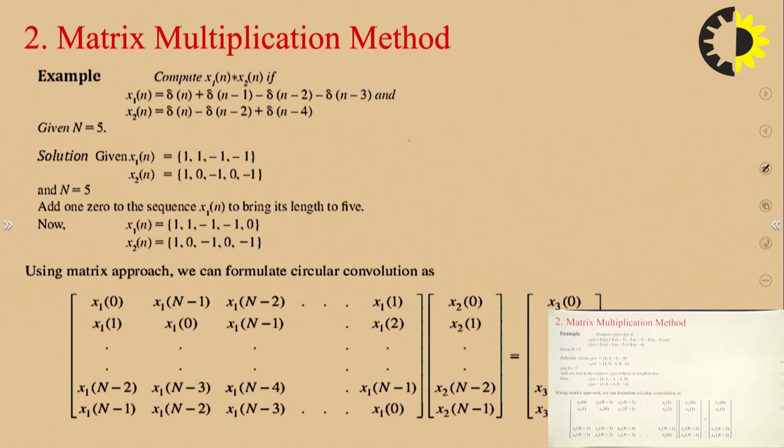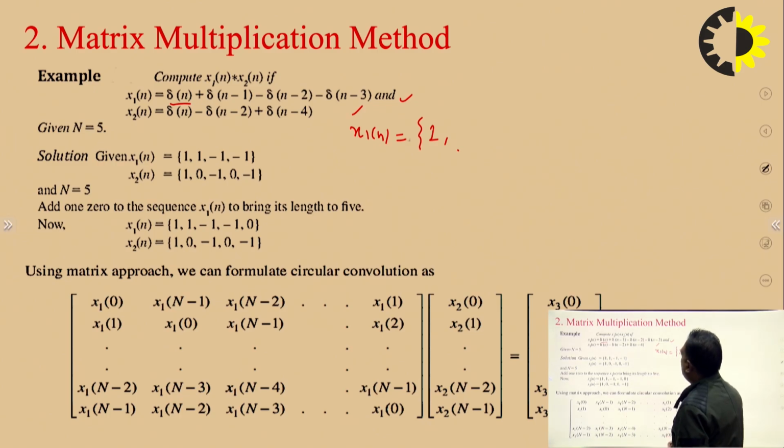The second method is the matrix multiplication method, which is, you can say, a simple method. Let us suppose we are given the sequences x1 of n and x2 of n. First of all, we have to write the sequence. So what is the value of the sequence? When you are finding x1 of n, delta n is 1 at n equals 0, other values are 0, so the first value will become 1.